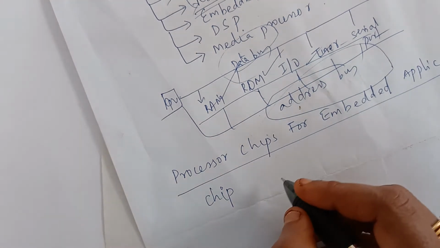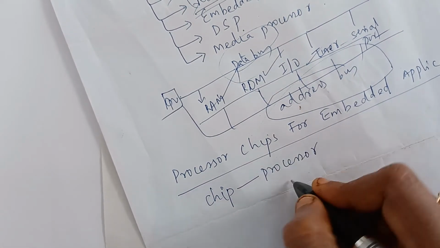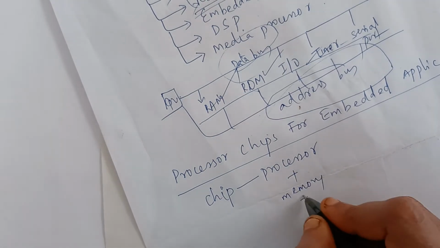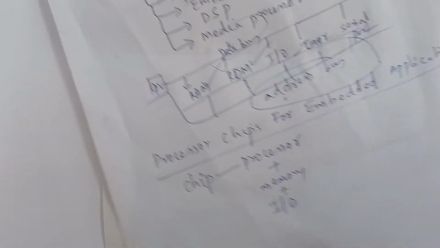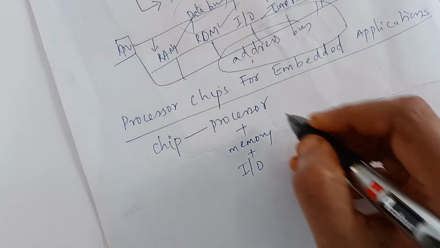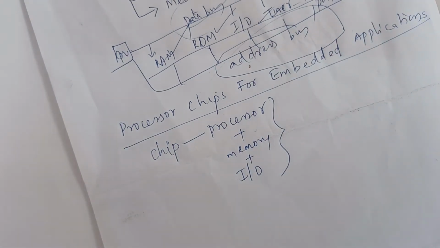We told that the chip will contain a processor, it will contain memory, it will contain input output interface device circuitry. All these things will be there in a single chip: a processor, some memory, and input output interface circuitry.